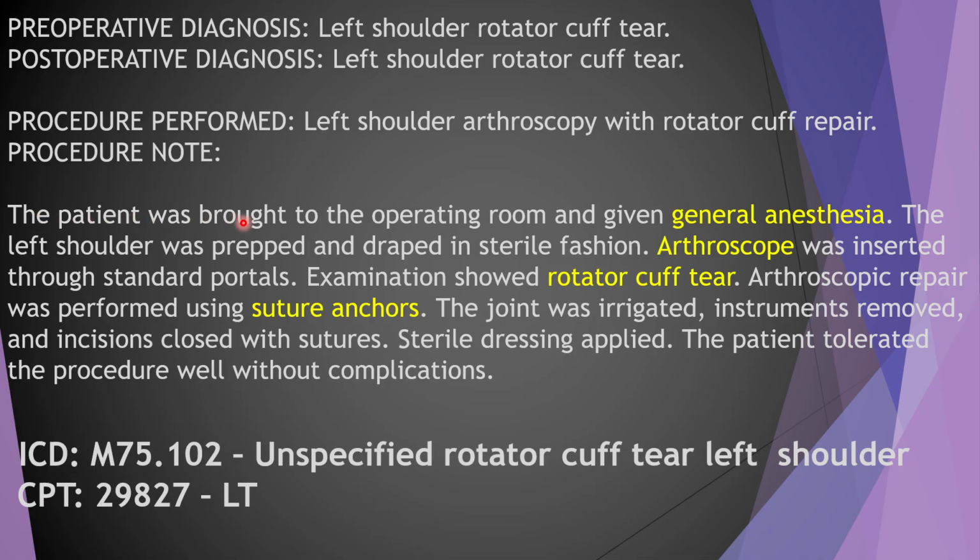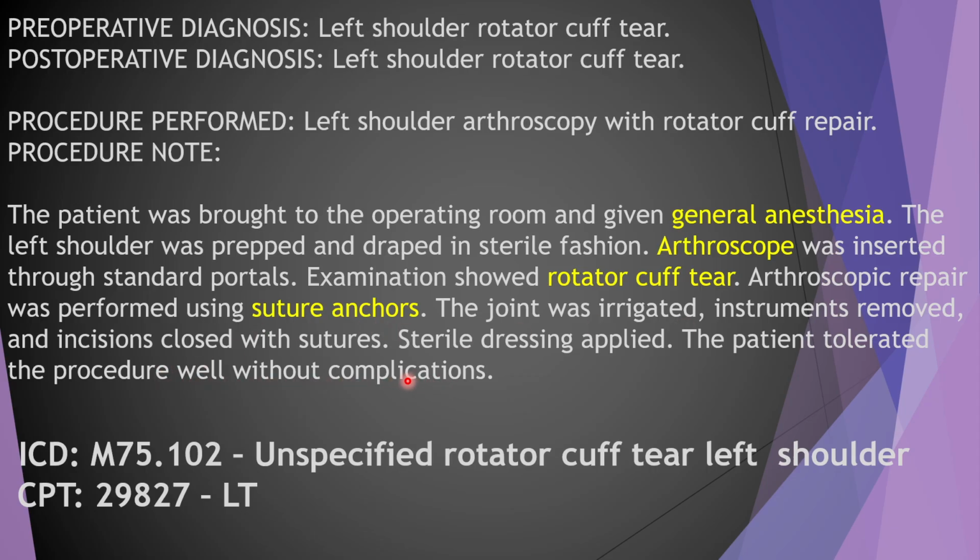The procedure note: the patient was brought to the operating room and given general anesthesia, and the left shoulder was prepped and draped in sterile fashion, and the arthroscope was inserted through the standard portals. Examination showed a rotator cuff tear. Arthroscopic repair was performed using suture anchors, the joint was irrigated, instruments removed, incisions were closed with sutures, and a sterile dressing applied. The patient tolerated the procedure well without complication.